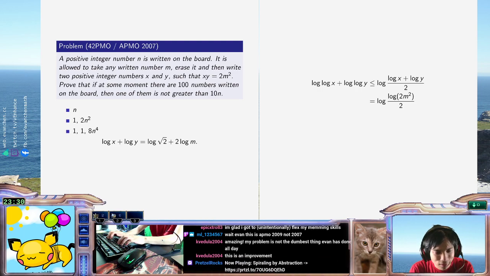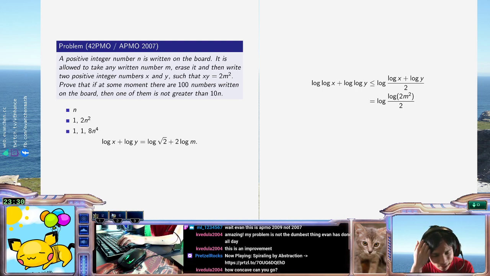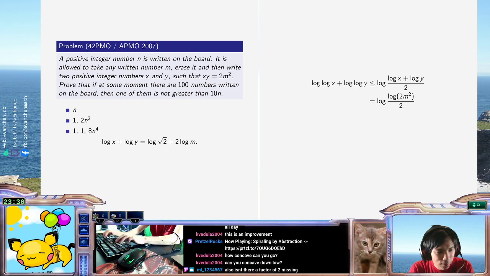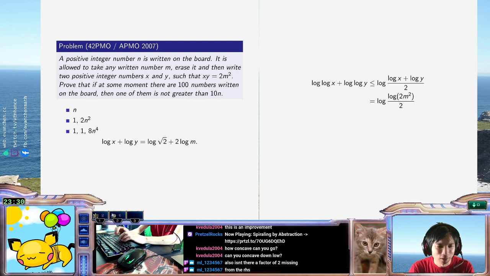plus... Help. How do you do log operations? So this is just like log 2 plus... Did I miss it? Oh, yeah. Wait, actually, sorry.